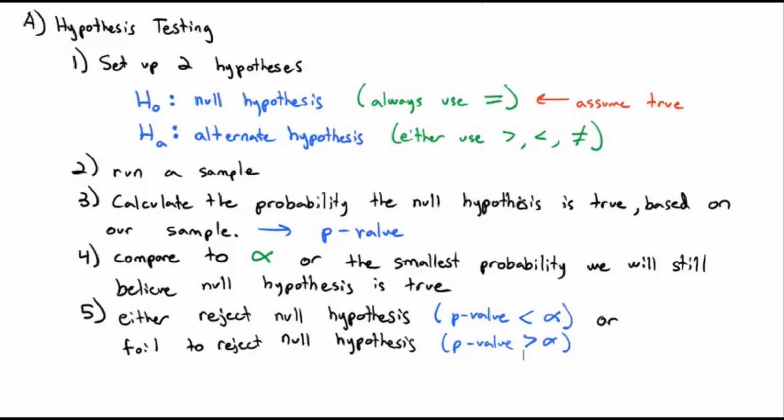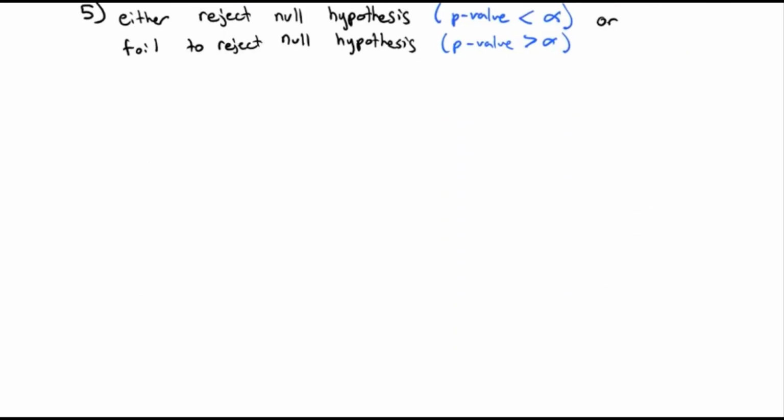A great example to show how hypothesis testing works is to consider a trial. In the United States, we assume in a trial that a person is innocent until proven guilty. And it's actually a perfect statistical hypothesis test. Let's say person A is accused of a crime.